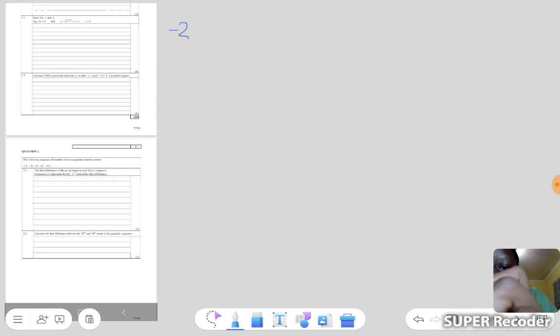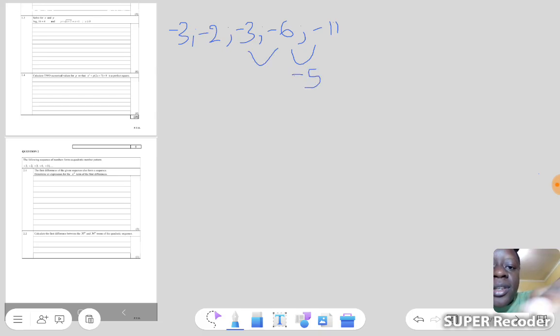Okay, -3, -2, -3, -6, -11. So let's first find the differences. -11 minus -6, that's -5. -6 minus -3, that will be -3. -3 minus -2, that's -1.